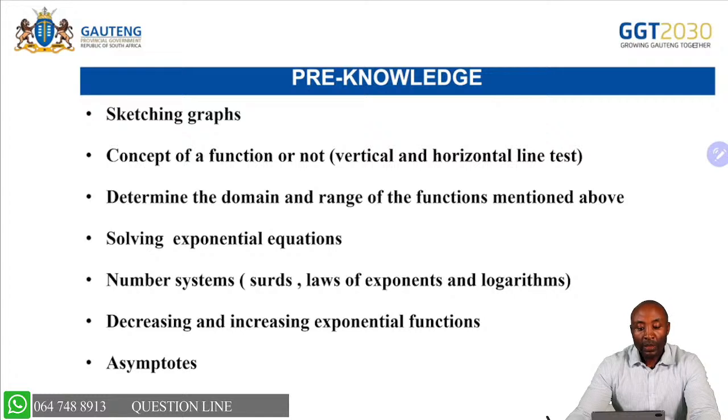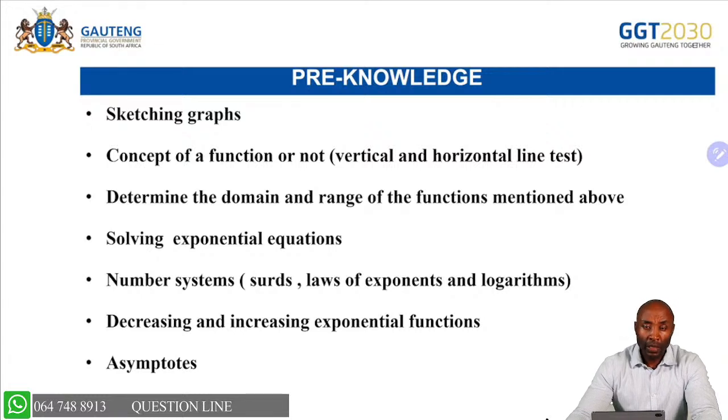We will also determine the domain and range of the functions mentioned, which is our linear function, our quadratic function, as well as the exponential function. We are going to be solving exponential equations. We'll look at our number systems, looking at sets as well as laws of exponents and logarithms. We should be knowing those.